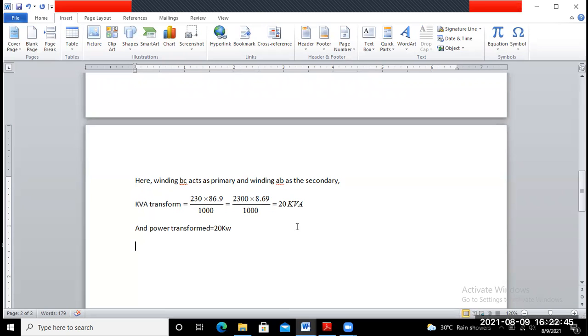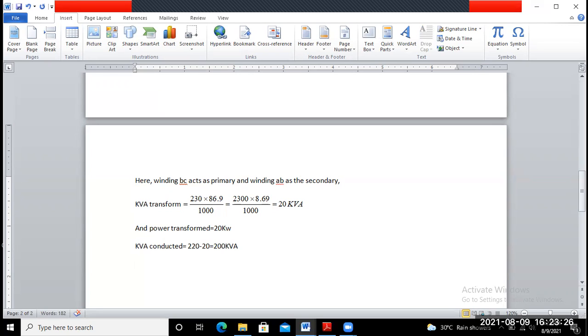So the kVA conducted is equal to 220 minus the power transformed by the transformer action, that is nothing but 20 kVA. So the remaining 200 kVA is the power transferred by the conduction method. Okay.